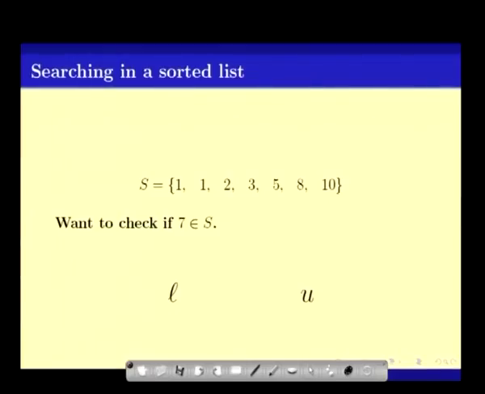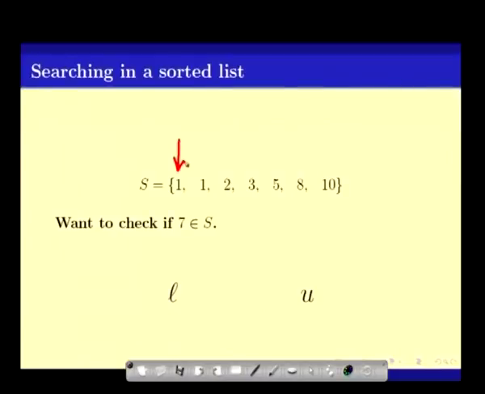So, how do we start? We start with keeping two registers L and U. For the sake of our purpose, L will indicate the lower index.